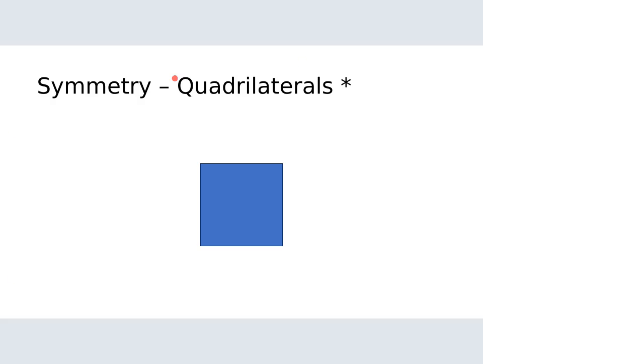What types of symmetry does this quadrilateral have? This quadrilateral happens to be a square. And so for this particular square, what symmetries exist is really what we're doing here. Let's go another 30 seconds, and then we'll talk about this one.